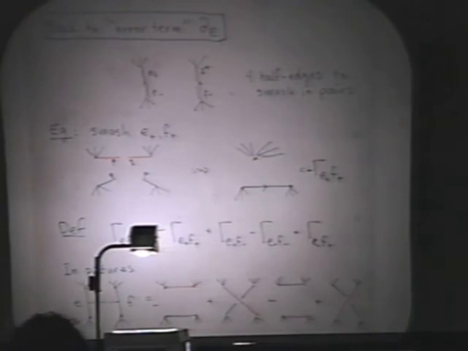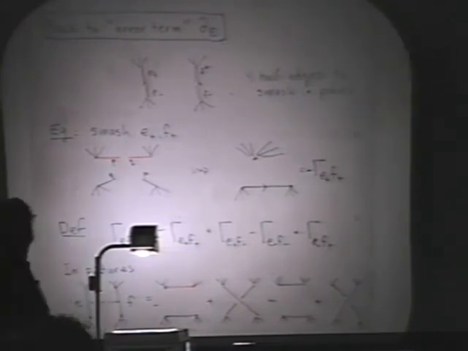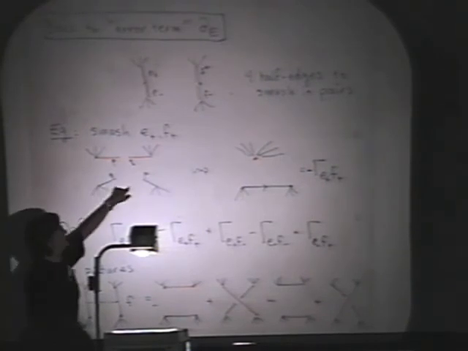And Jim noticed that there's a nice way to organize this. If you have two edges, you've got 4 half edges that you can smash when you feel like it. For instance, you smash the top half of E with the top half of F. I've drawn a picture of what happens. When you do that, however, you've got these 2 dangling half edges, but luckily they've got compatible labels.